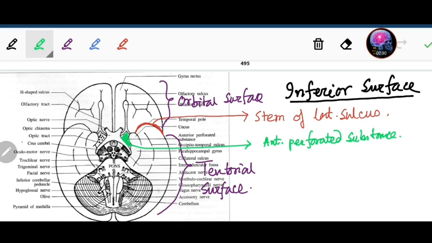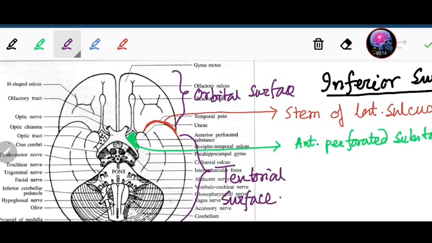It is bounded in front by the olfactory trigone formed by the divergence of medial and lateral olfactory stria. This is the medial olfactory stria, this is the lateral olfactory stria.